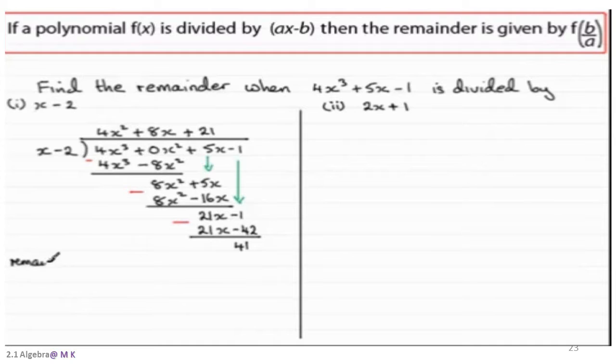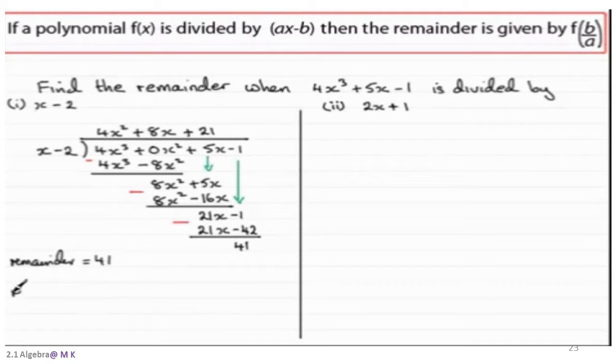But as I said, this is not really the best way of doing this kind of problem because it just takes too long. If we use the remainder theorem up here, we can get the remainder so quickly. I'll show you. All we need to do is, first of all, define our polynomial f of x.